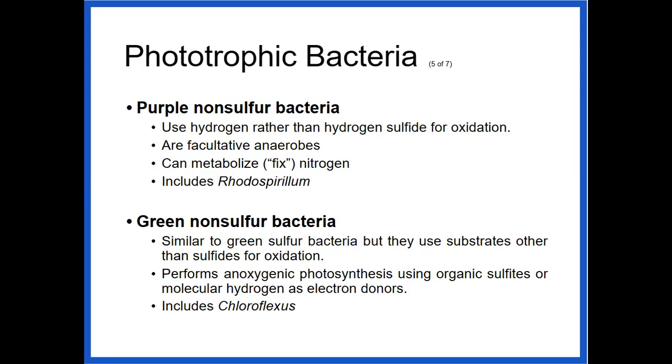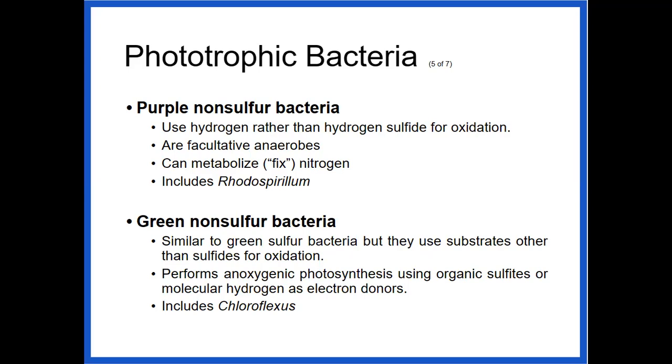Purple non-sulfur bacteria. So it uses hydrogen rather than hydrogen sulfide for oxidation. These are facultative anaerobes. So they can trap nitrogen into compounds. So it can be able to fix nitrogen. So this includes rhodospirillum. You have also green non-sulfur bacteria.